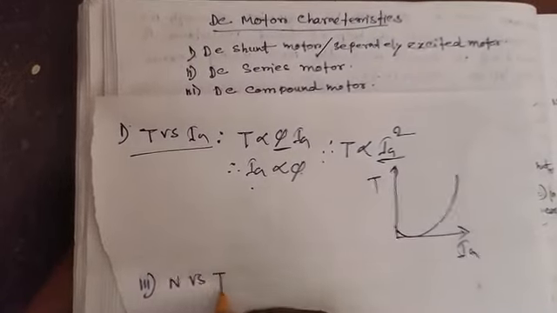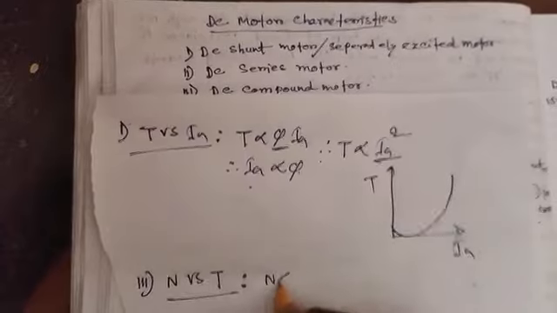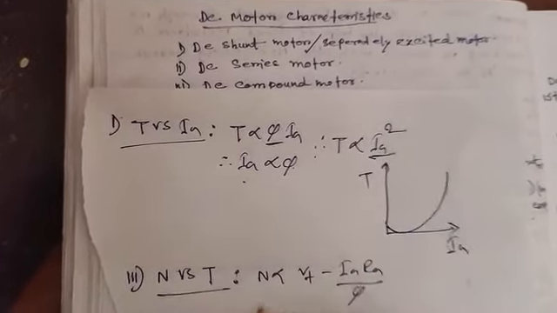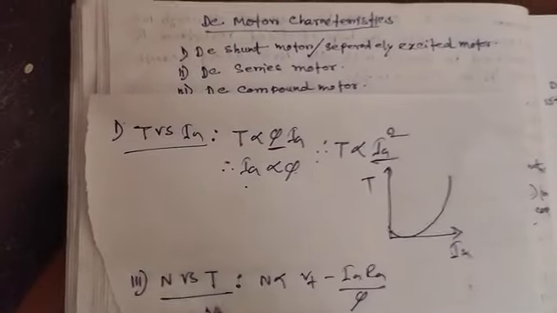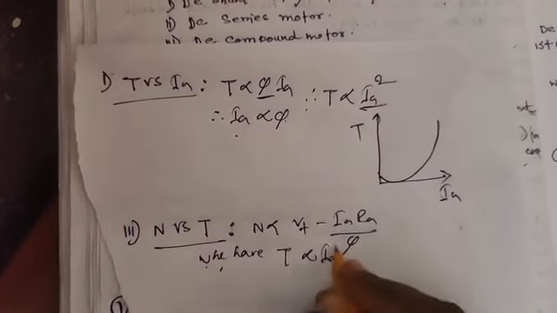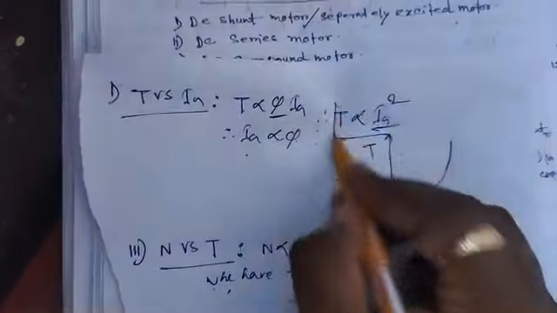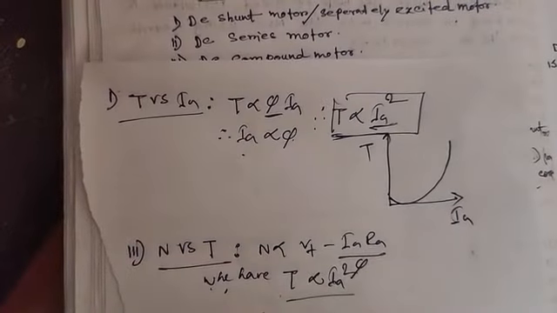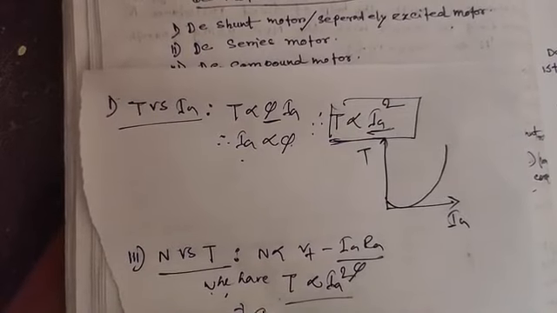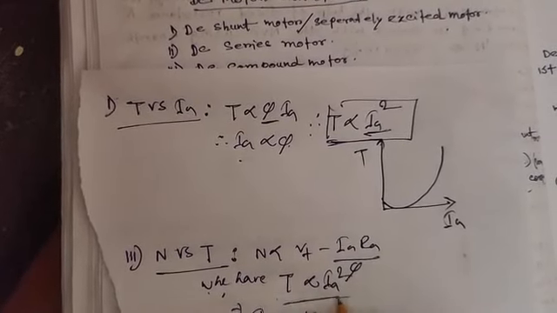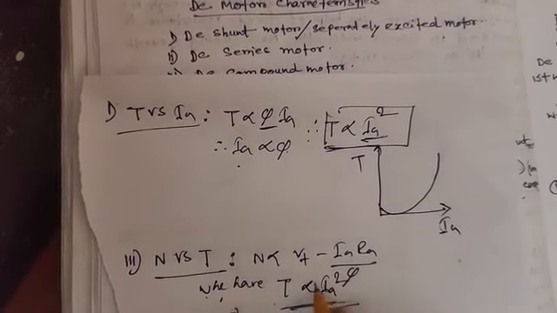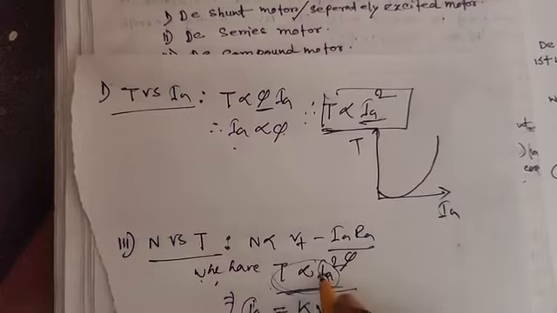Then speed versus torque characteristics. N is proportional to Vt minus Ia Ra by phi. We know torque is proportional to Ia square. So Ia is equal to K into root T from this equation.